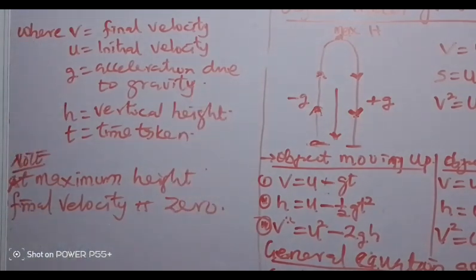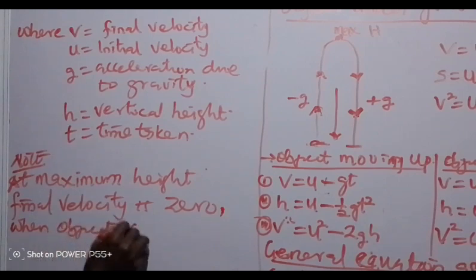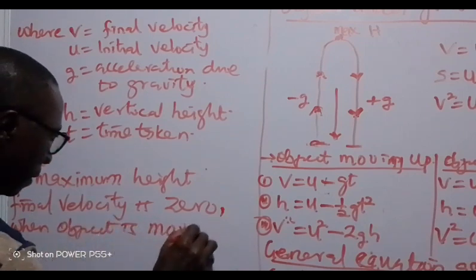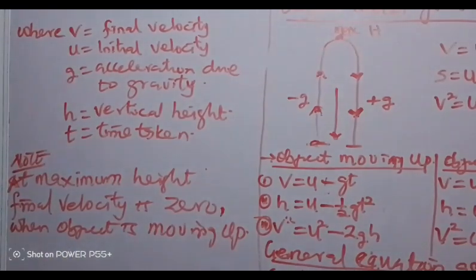That's at maximum height, final velocity is 0 when the object is moving up. When you throw it up, the final velocity at maximum height is equal to 0.